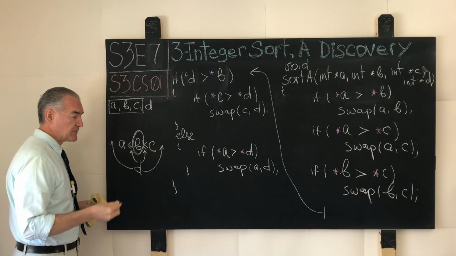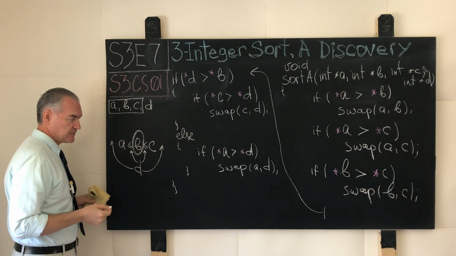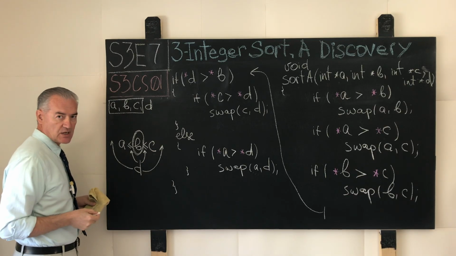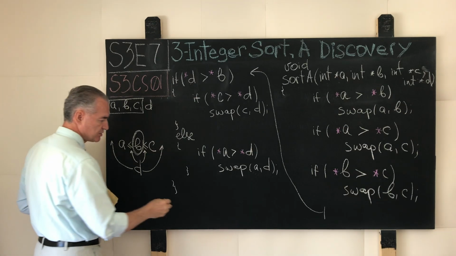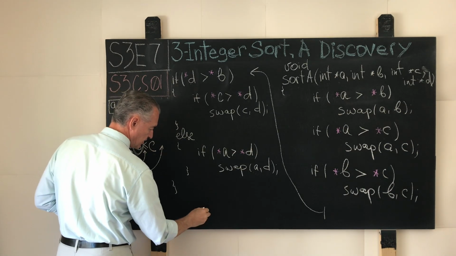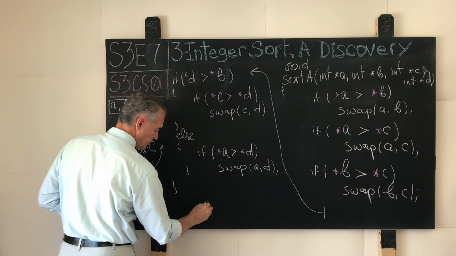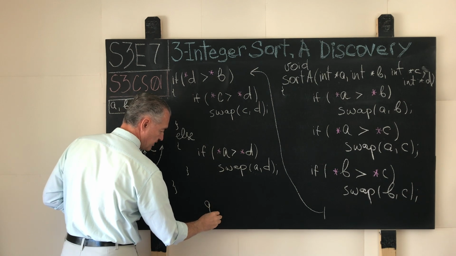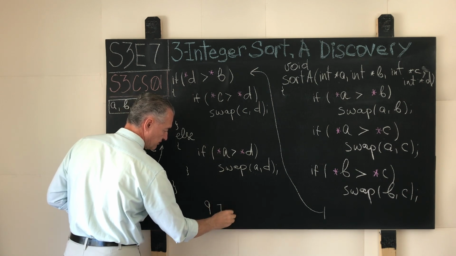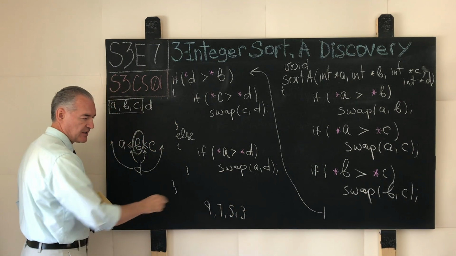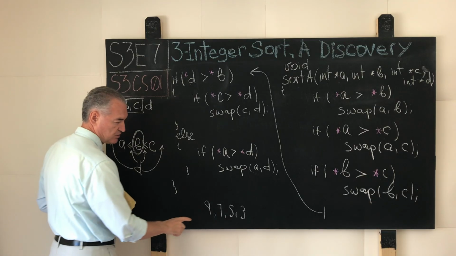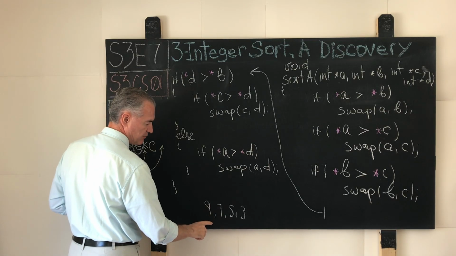We swap A and D, and this is over. The game is over. To save you guys some time, I will not be going into sample computations, but take, for example, integers. For example, the same ones that we used in the previous set: 9, 7, 5, and 3. Evidently, after that sort is carried out, we should have the integers positioned which way?